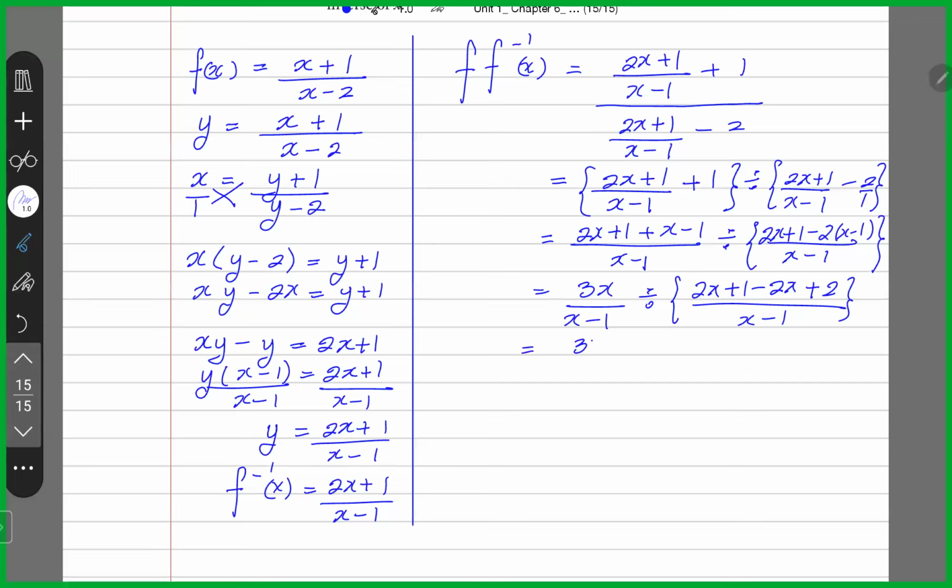This becomes 3x over x minus 1. Let's change this to multiply. Multiply by the inverted fraction, x minus 1 at the top. And down at the bottom, we're going to have 2x minus 2x is 0, 1 plus 2 is 3. So this cancels that, 3 cancels 3, and we're left with only x. So f of f inverse of x is equal to x.